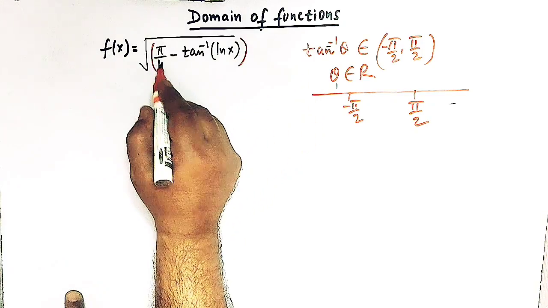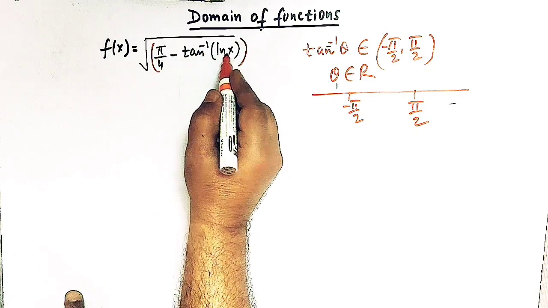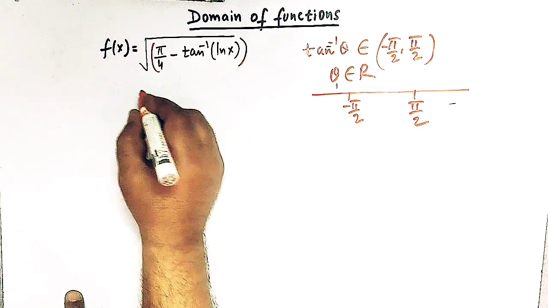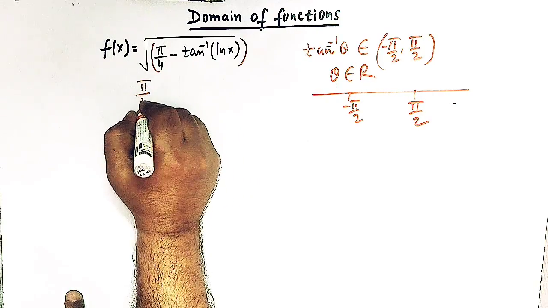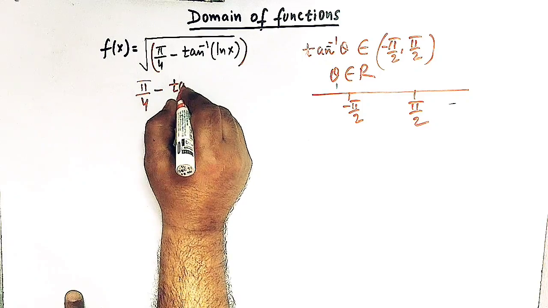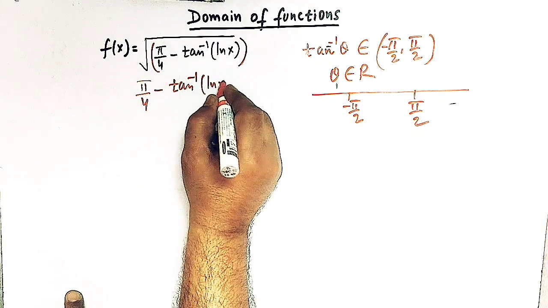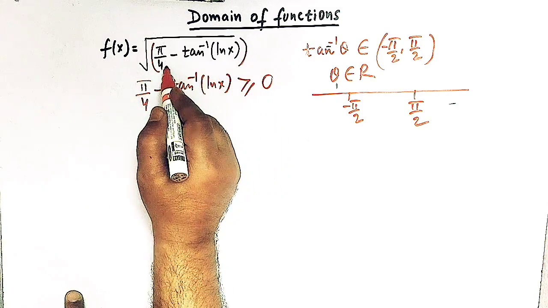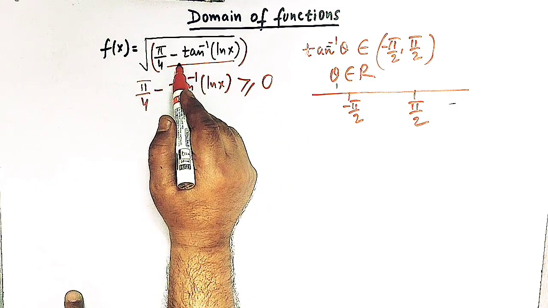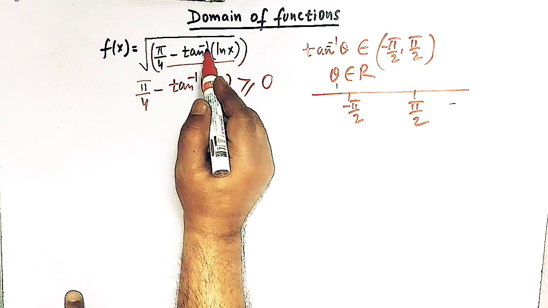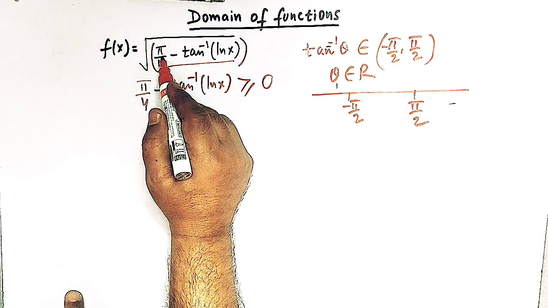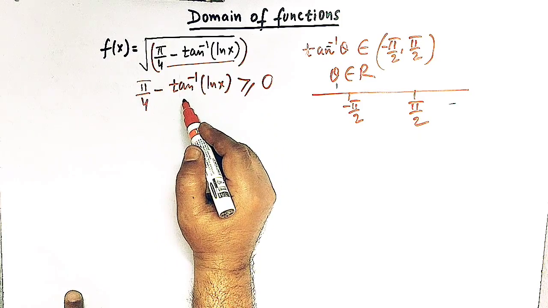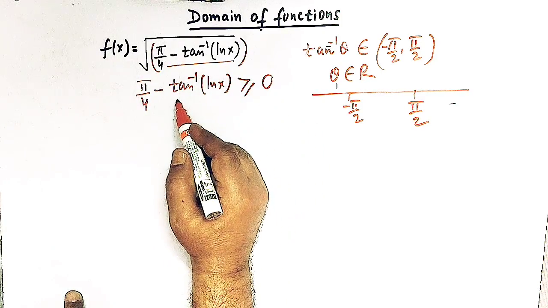So now the first condition to find out the domain of this function is that this term, that is pi by 4 minus tan inverse natural log of x, has to be greater than or equal to 0, because this term cannot be negative, because inside the square root sign we should have non-negative numbers, so that we can have square roots in the set of real numbers.